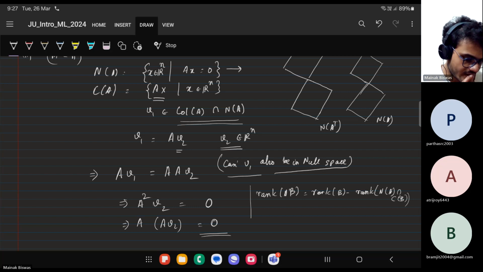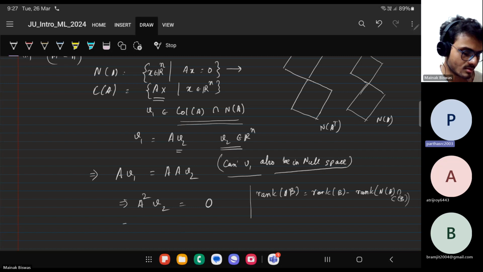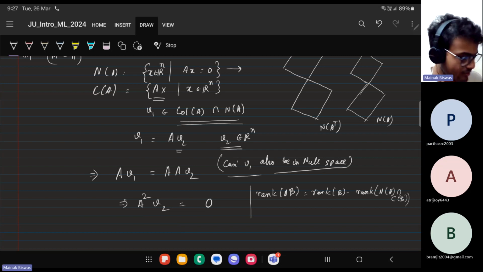If it is invertible, then you will get v2 equal to 0. Otherwise, you are not going to get that, right? Yes, then I can take the inverse and say that v2 equals 0 if it is invertible. But if it is not invertible, what can you do?